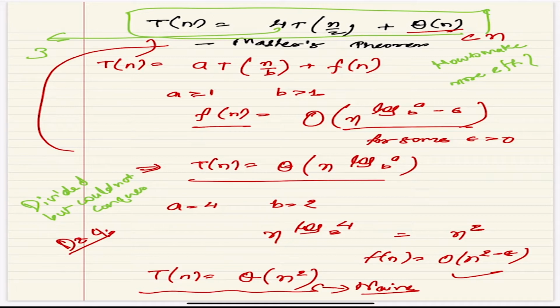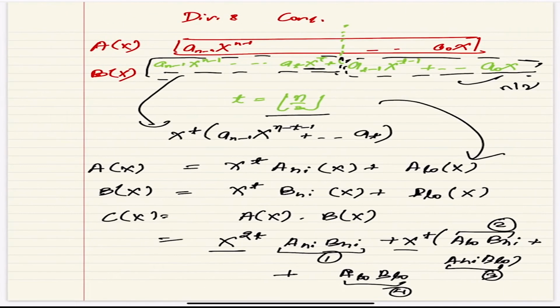Okay, but how? How will you do it? I have to compute these 4 things, right? And they are all 4 subproblems of size n by 2. You cannot do away with any of this. So let's write down again. I have to compute these 4 things: AHI BHI, ALO BLO, and AHI BLO plus ALO BHI.